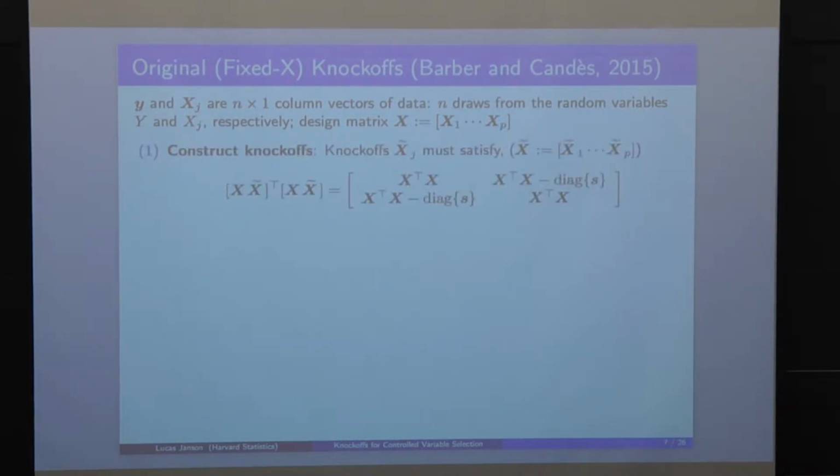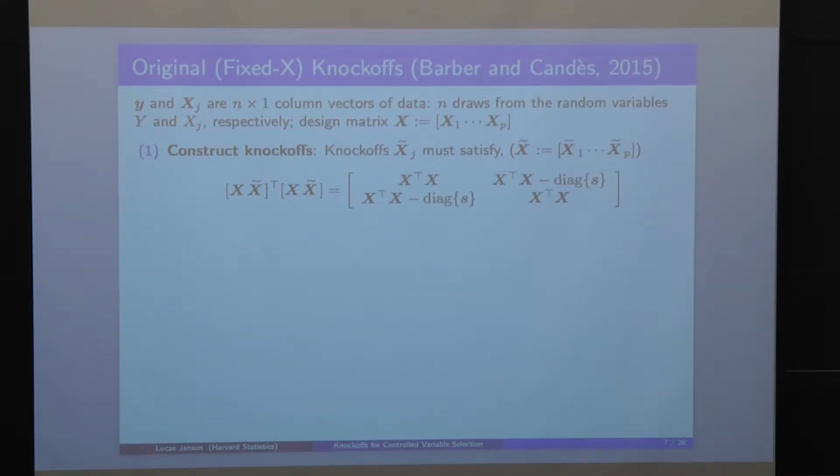Okay, so the knockoffs procedure is a three-step procedure, or it can be thought of that way. And in the original proposal, the first step is you construct knockoffs, which means you take your original columns of your design matrix, and for each of those columns, you construct a knockoff of that column. And that knockoff has to have some special properties. In fact, jointly, they need to have some special properties. And for the original problem, this is the property it needed to have. So the X tilde is your knockoff design matrix.